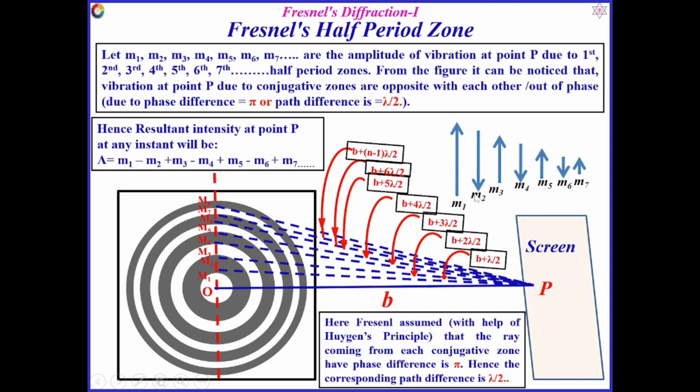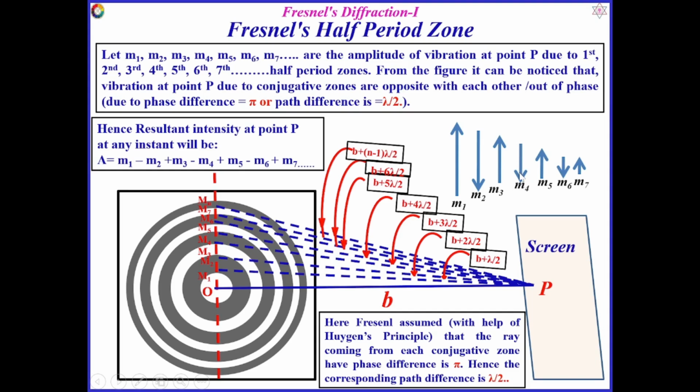Due to the second half period zone the vibration at point P will be opposite to the first, with amplitude M2. Similarly, the vibration due to the third half period zone will be opposite to the second, along this direction. Likewise, for the fourth half period zone, the amplitude will be this much, but it will vibrate opposite to the third one, along this direction.